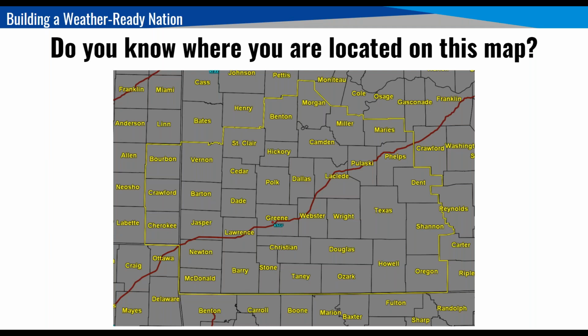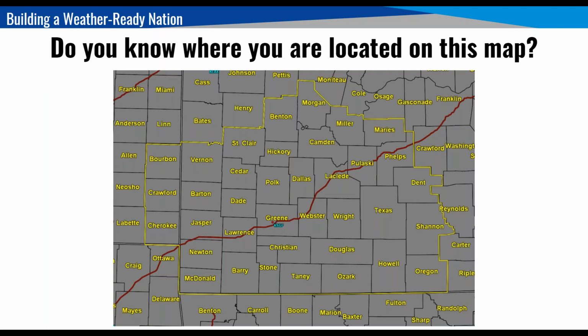Taking a closer look at the area we serve, known as a County Warning Area, or CWA, we cover 37 counties: 34 counties in portions of southwest, south central, and central Missouri, and 3 counties across portions of far southeast Kansas. Something we always want people to take into account when warnings and any kind of products are being issued is to make sure they know where they are located on this map.